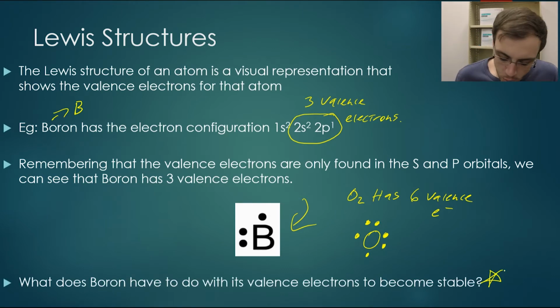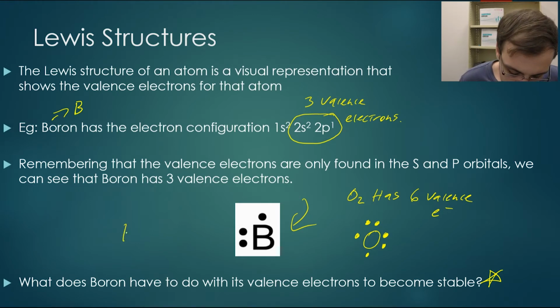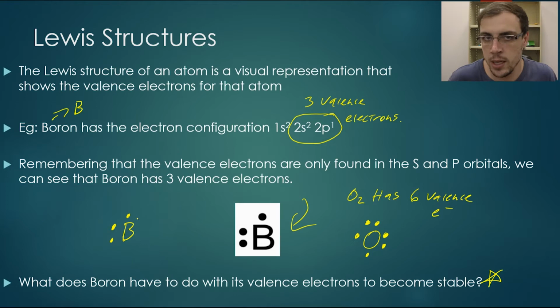So, what does boron have to do with its valence electrons to become stable? We can look at the Lewis structure for boron, and we can see it has 3 out of the potential 8 electrons. As we remember from our video on atomic theory, all elements strive to have 8 electrons in their outermost shell. So boron here has 3.